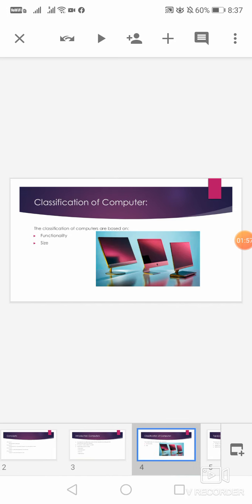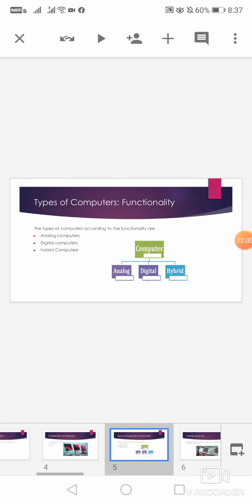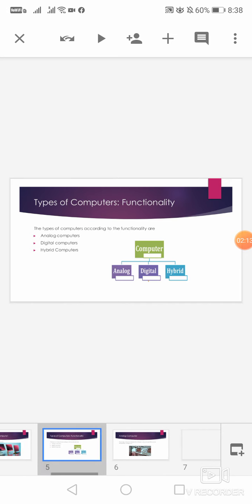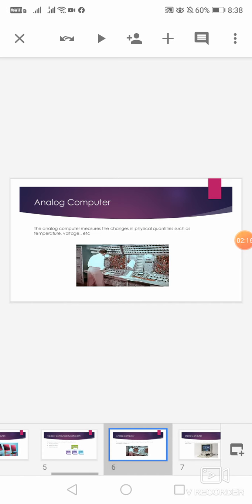Then the classification of computers is mainly based on functionality and size. First, we'll be discussing the types of computers based on functionality. The types of computers are analog computers, digital computers, and hybrid computers. What is an analog computer? Mainly, the physical quantity is maintained.